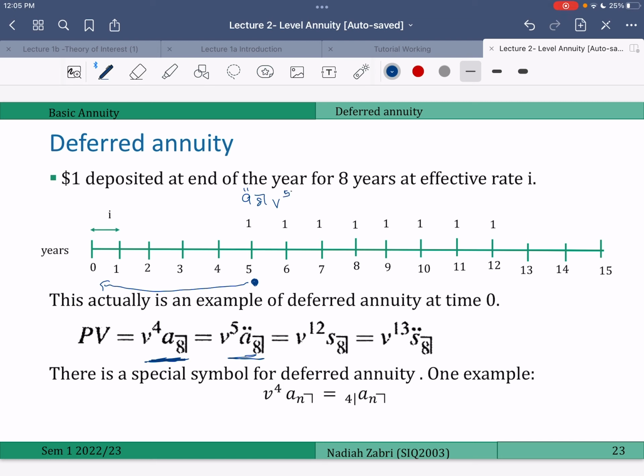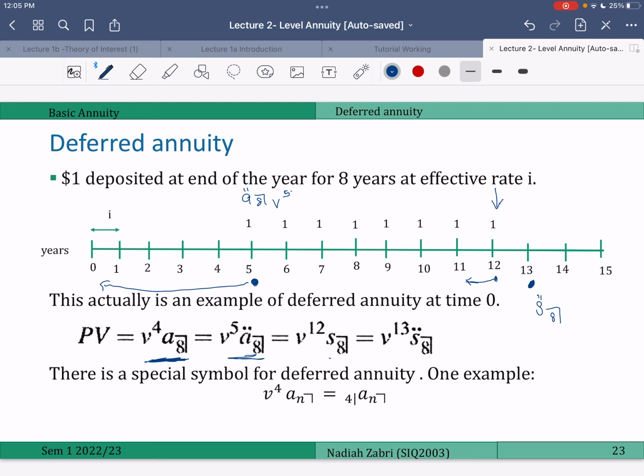And also, as I said, this cash flow can also be evaluated at time 12. So then you can also discount the amount by 12 years so that you get the value at time 0. And then you also can do S angle 8. So this S double dot angle 8 is evaluated at time 13.